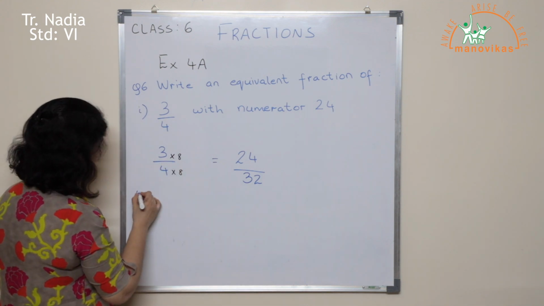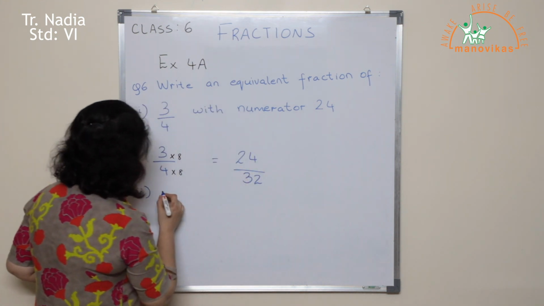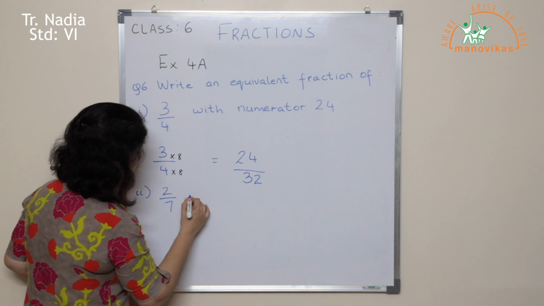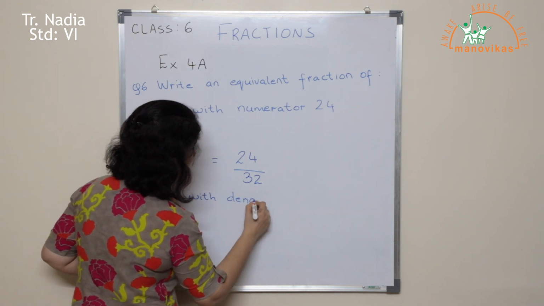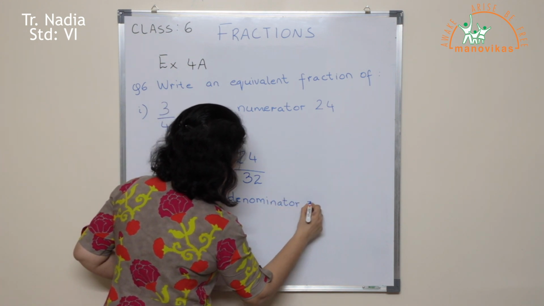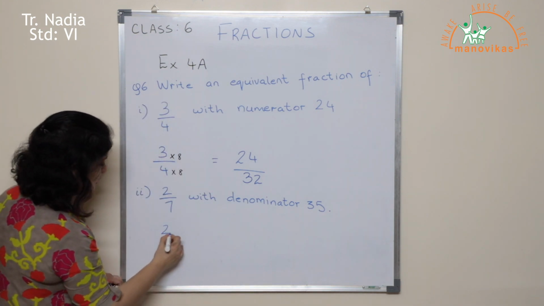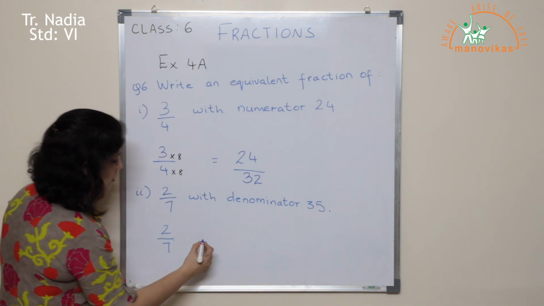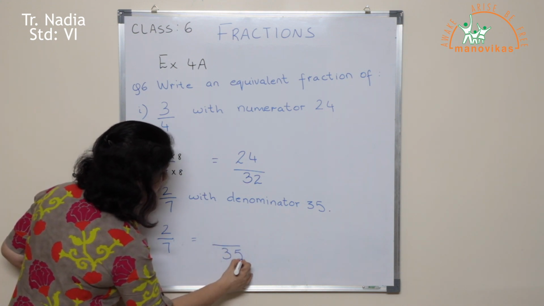Let us take another example: 2 upon 7 with denominator 35. So 2 upon 7 is my original fraction. My equivalent fraction needs to have a denominator of 35.